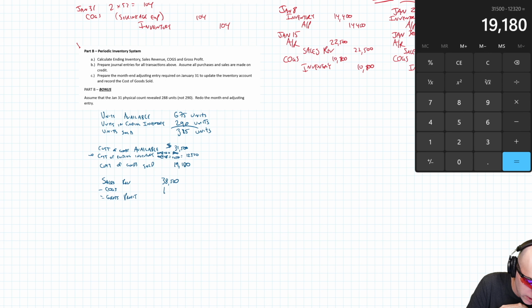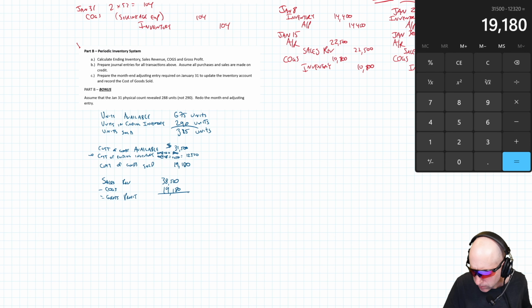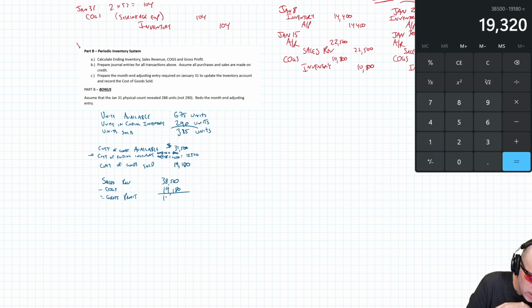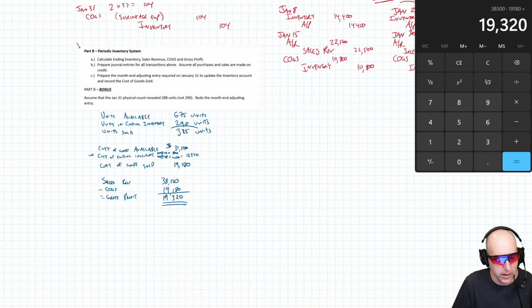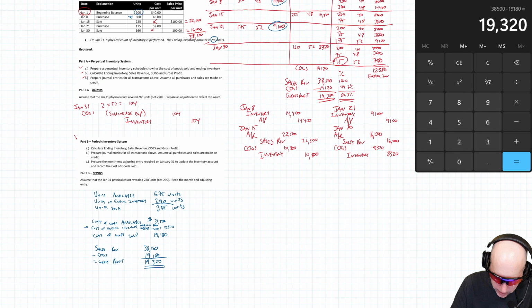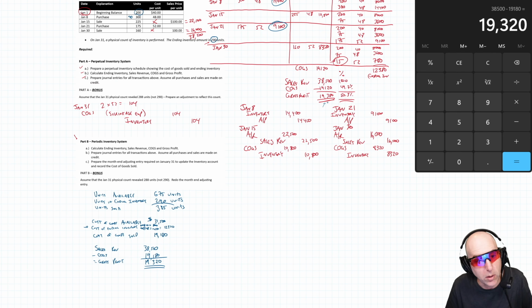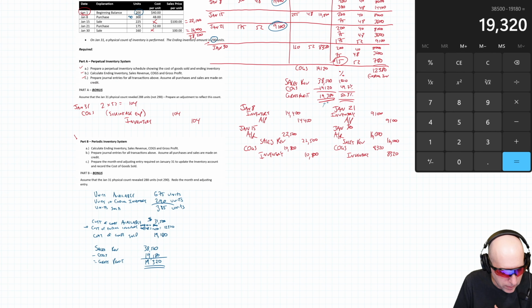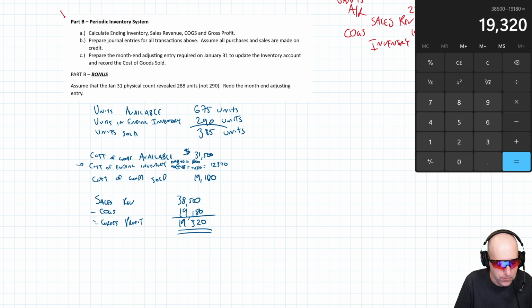Our cost of goods, 19,180, and you'll see it's a little bit different from the previous answer. 38,500 minus 19,180 is 19,320. If you do FIFO, it's the same across the FIFO methods, whether it's perpetual or periodic. When you do LIFO, you'll see it's a little different. You can see we had 19,320 here and 19,380 there. So they are a little bit apart, and that's to be expected. We would not expect them to be the same.